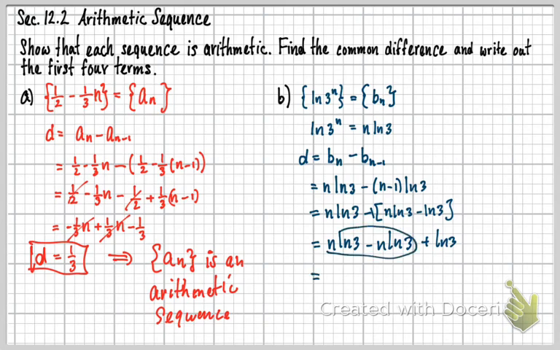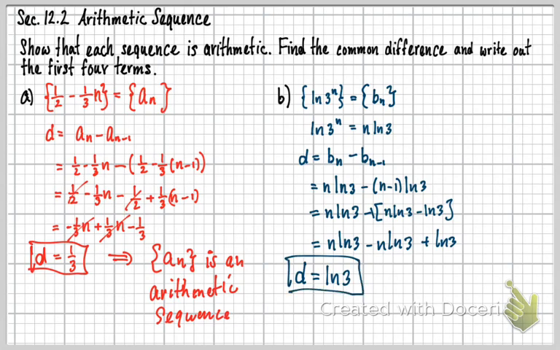Now those n ln of 3 terms cancel out because they have different signs. So I end up with ln of 3, and I don't know if you know this or not, but ln of 3 is a number. So we found the common difference like we did in the previous problem right away.